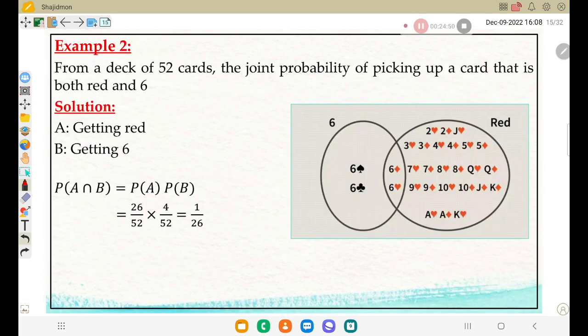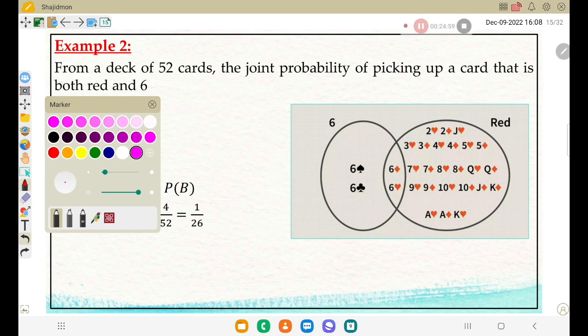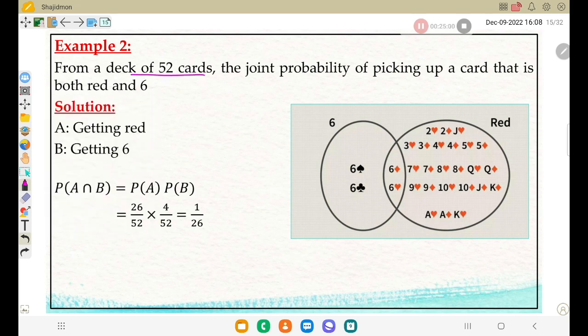We can discuss one simple example to see the meaning of joint probability. For example, from a deck of 52 cards, the joint probability of picking a card that is both red and 6.